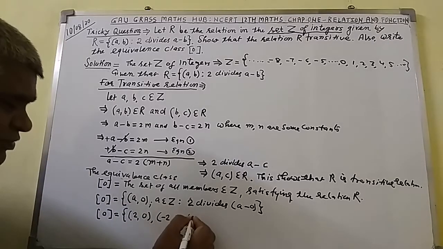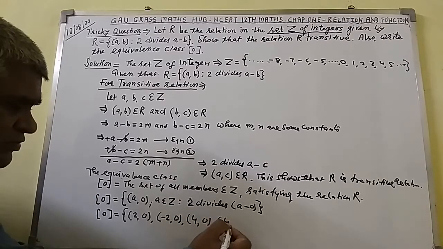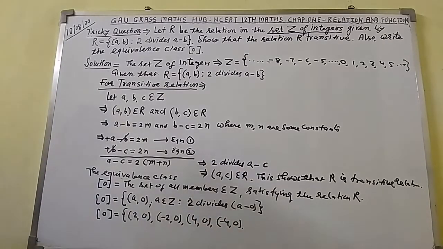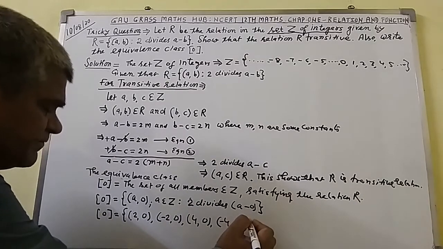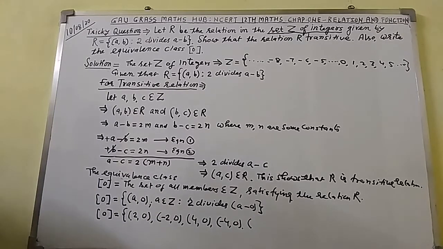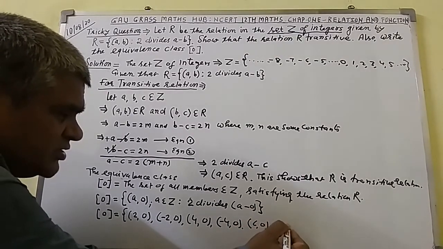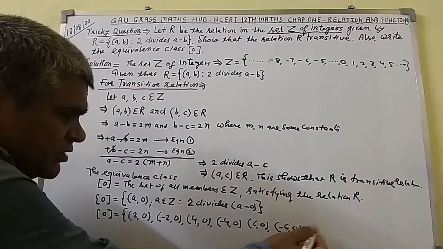So you can write (4, 0), and with the negative integer, (minus 4, 0). If you take 5, it is not divisible by 2, so 5 will be left. If you take 6, 6 can easily be divided by 2, so write (6, 0) and (minus 6, 0). And so on you can take.